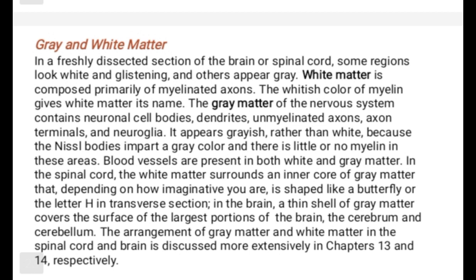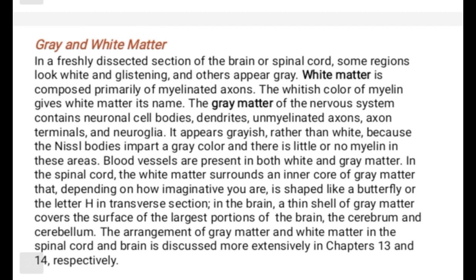In the spinal cord, the white matter surrounds an inner core of gray matter that, depending on how imaginative you are, is shaped like a butterfly or the letter H. In a transverse section of the brain, a thin shell of gray matter covers the surface of the largest portion of the brain, the cerebrum, and the cerebellum.